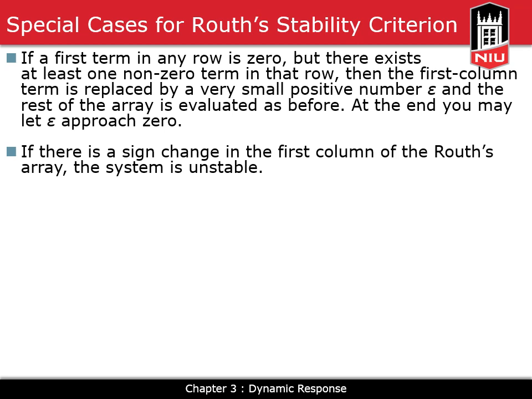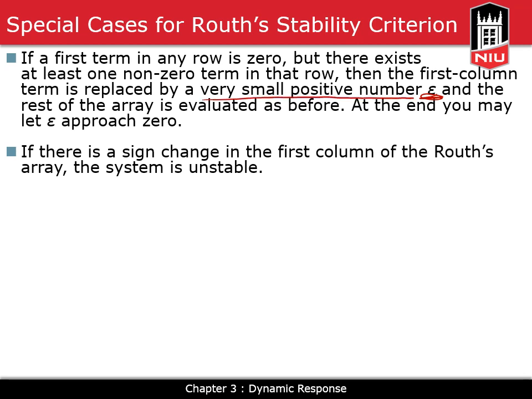To deal with these kinds of issues, when there is a 0 in the first term of a row, but there are non-zero terms in that row, we will replace the first 0 term in that row by epsilon, which is supposed to be a very small but positive number. Pay attention to this.